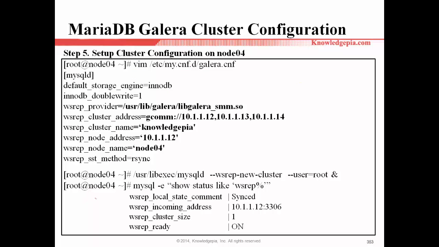Step 5, the most important part here, set up the cluster configuration on node 4. At first, I will configure MariaDB on cluster node number 4. Especially, this will open galera.cnf. Here, you can find the default configuration like this one, InnoDB as the default storage engine, and InnoDB doublewrite.